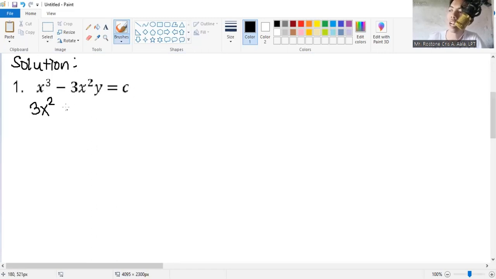So, pwede natin siyang ilabas muna yung constant which is yung 3. Then, doon sa x squared y, tayo ay mag-product rule. So, ano nga ba ang definition ng product rule? Ang definition ng product rule, if we are going to get the derivative of u times v, that is just equal to u times dv plus v times du.